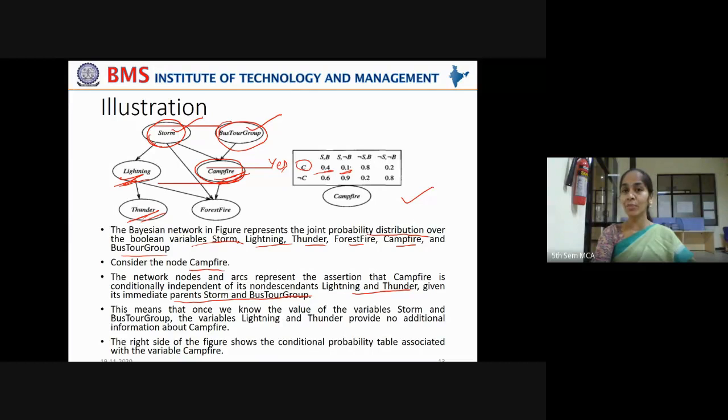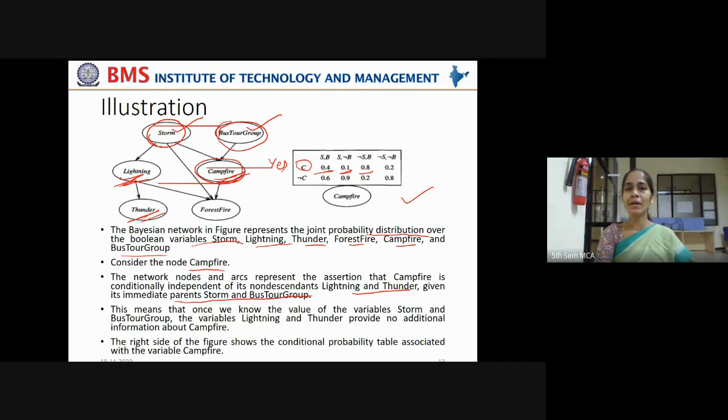Did you notice here the probability has reduced? Why? Because the Bus tour group hasn't arrived. So there is no necessity, maybe, in setting up the campfire. That is why probably its probability reduced. Now, the probability of setting up a campfire when the storm didn't occur, but the bus tour group arrived, is 0.8.